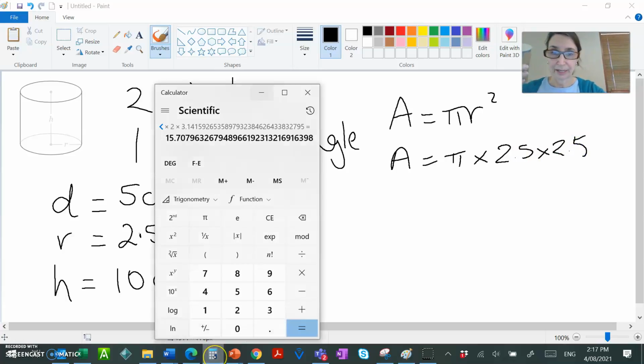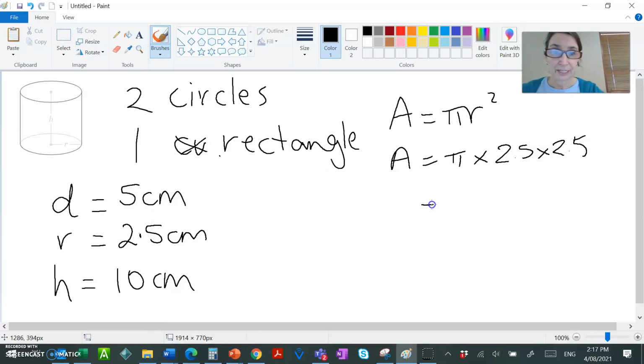So I'll bring up my calculator and I'll do that multiplication now. Pi times 2.5 times 2.5 equals 19.6. And the units is centimetres squared because it's an area. So that's the area of the top circle. It's also the area of the bottom circle. So I'm going to need to add that number twice.